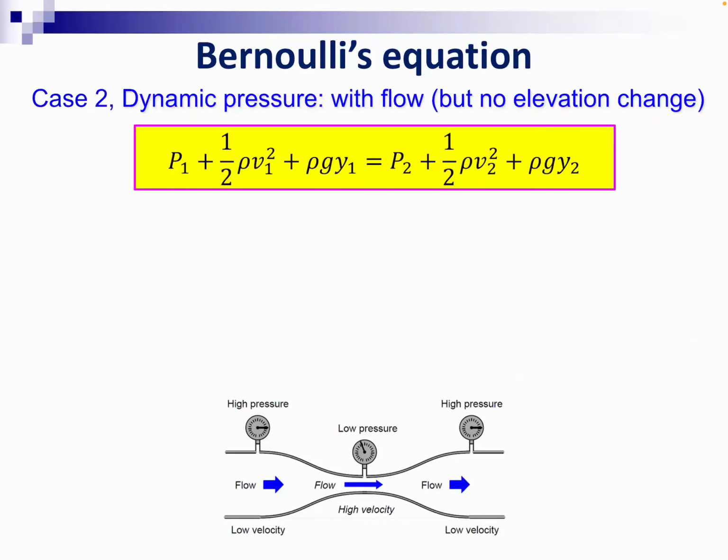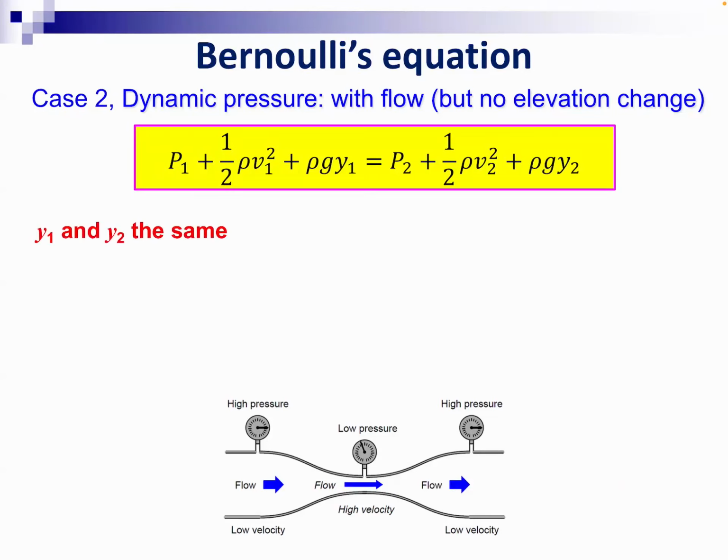And in the second case, this is when fluid is flowing, but there is no change in elevation. This is this figure here. You have a change in the speed of the fluid, but the fluid flows through the same height or the same elevation.